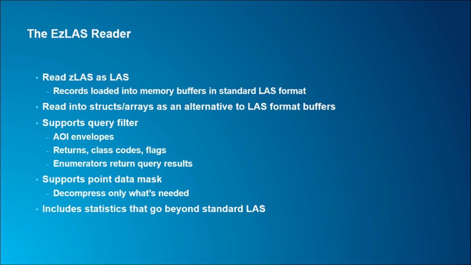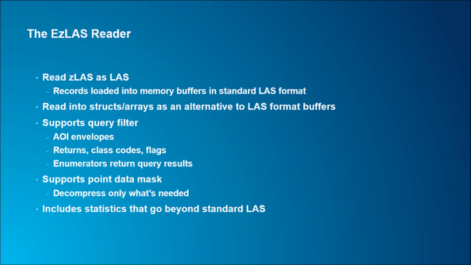first about the reader object that we have. And to make it as easy as possible to support zLAS in your applications, we want to present zLAS as LAS. So when you're reading a zLAS file in your code, if you're looking at the header or at specific point records, we'll decompress the zLAS into memory buffers in LAS format.